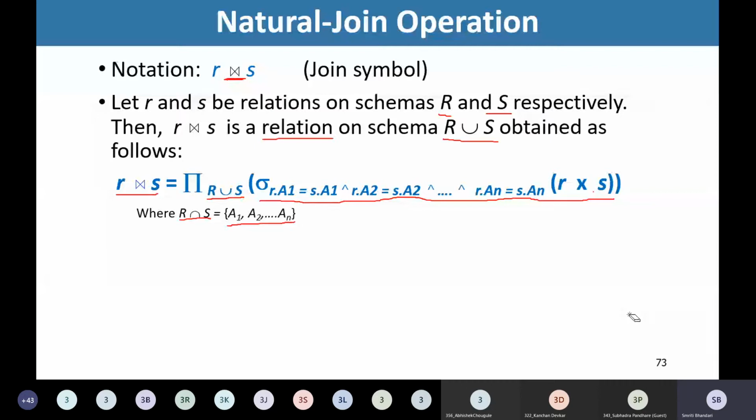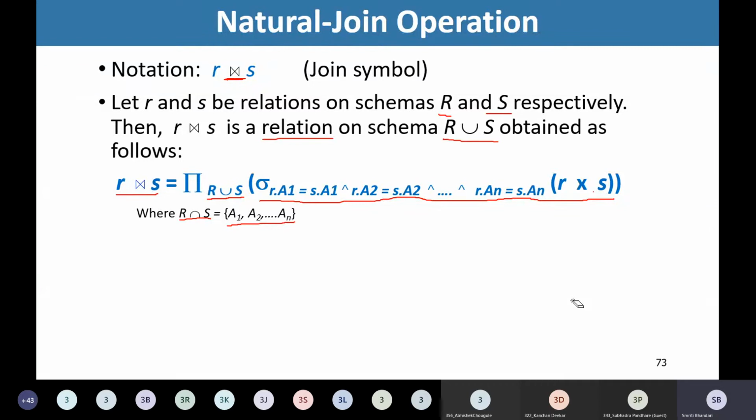Right? If you remember our earlier discussion with respect to the Cartesian product, we stated earlier that if we compute the Cartesian product of 2 relations, it happens that few of the tuples in the Cartesian product are irrelevant.